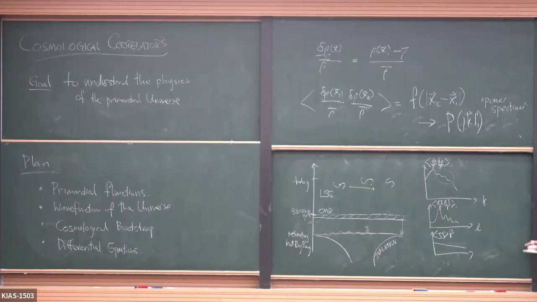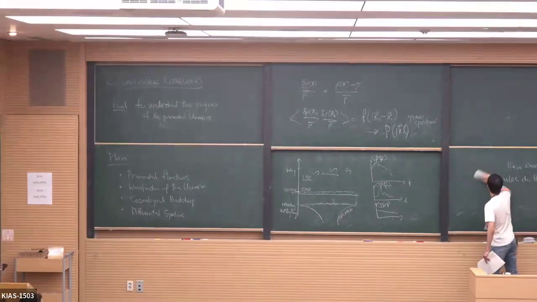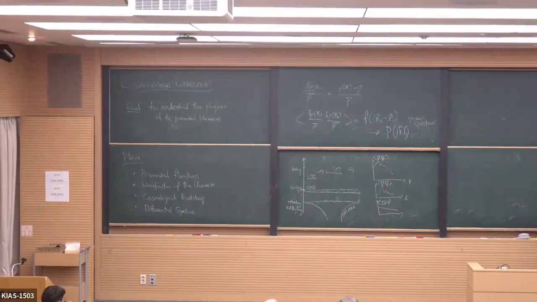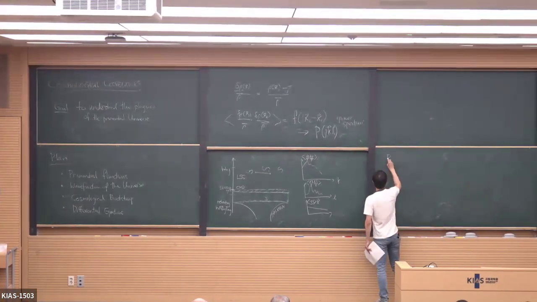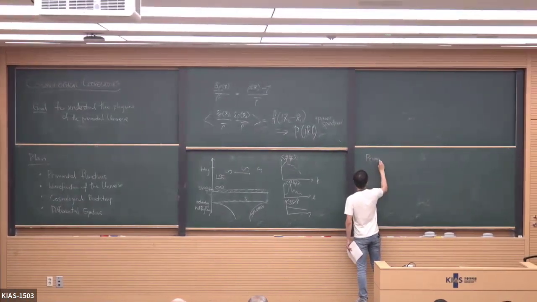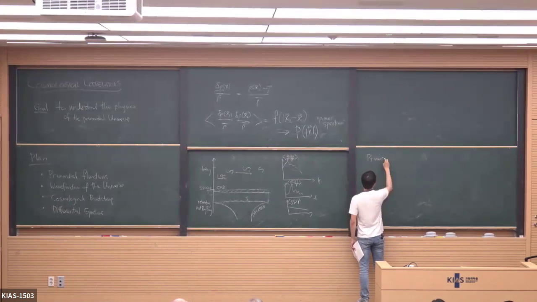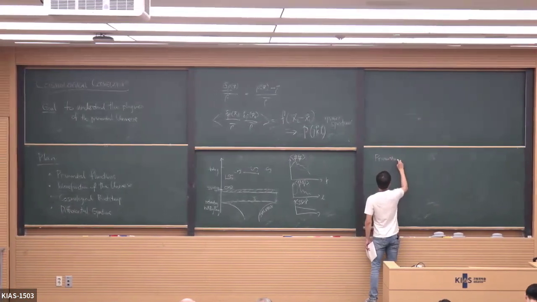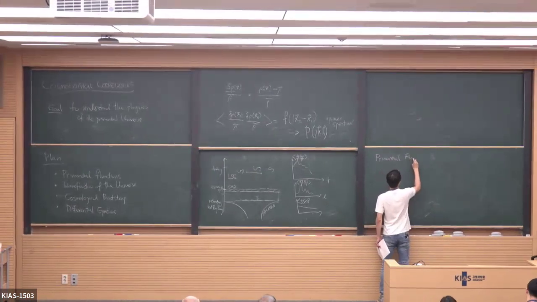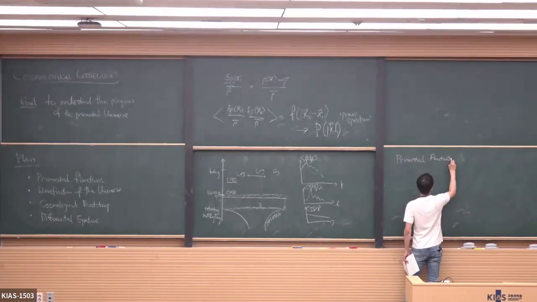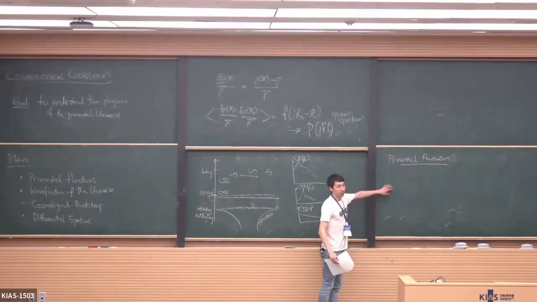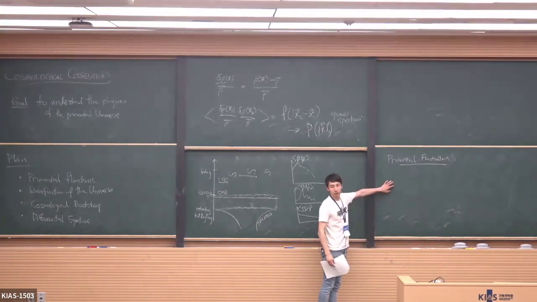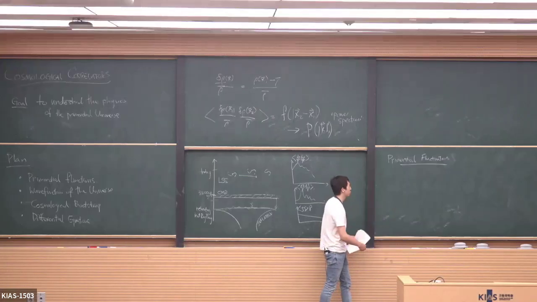Okay, so let me talk in a little more detail about what these curvature fluctuations are about. Let me talk about the types of primordial fluctuations during inflation. There exist two types of fluctuation during inflation.